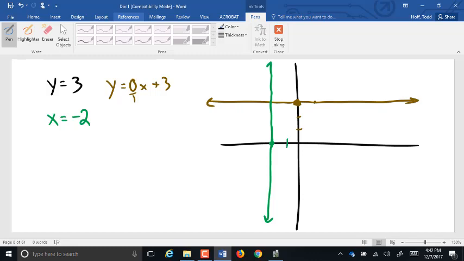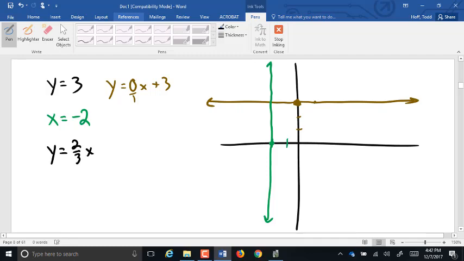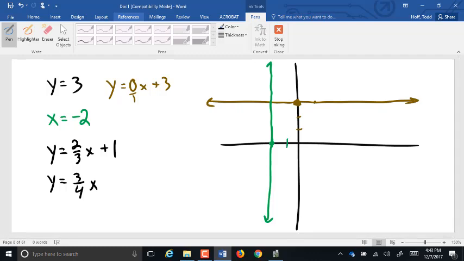If you have two things that you need to meet at the same time, you might have an equation y equals 2/3 x plus 1, and you also have to satisfy the equation y equals 3/4 x.